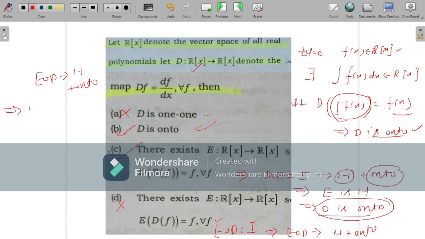Then this will imply that D is 1-1 and E is onto. But see, D is not 1-1, we have already proved. So this type of map E will not exist. So the fourth option D is wrong. So the only true options are B and C.